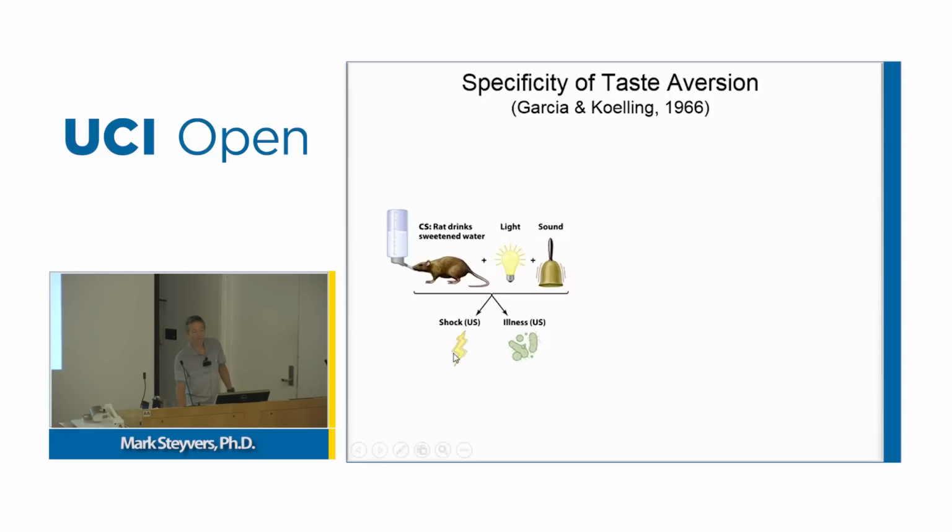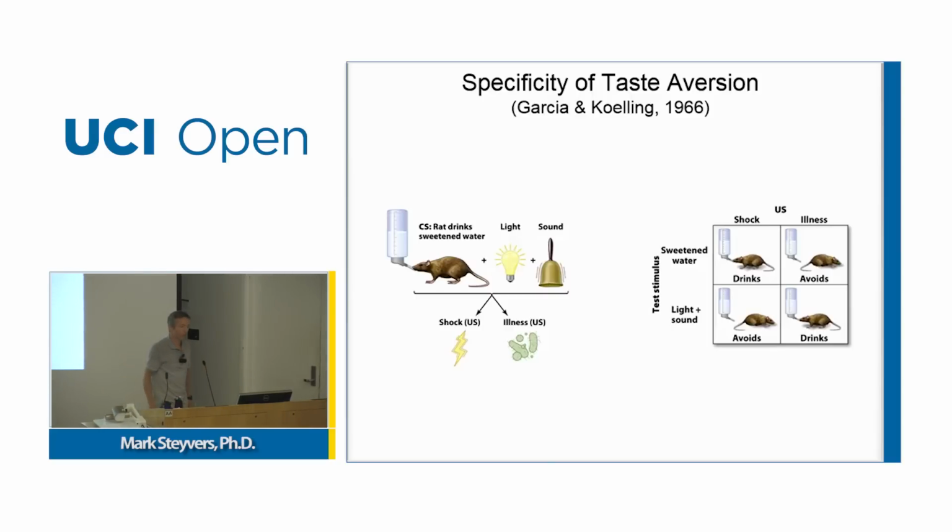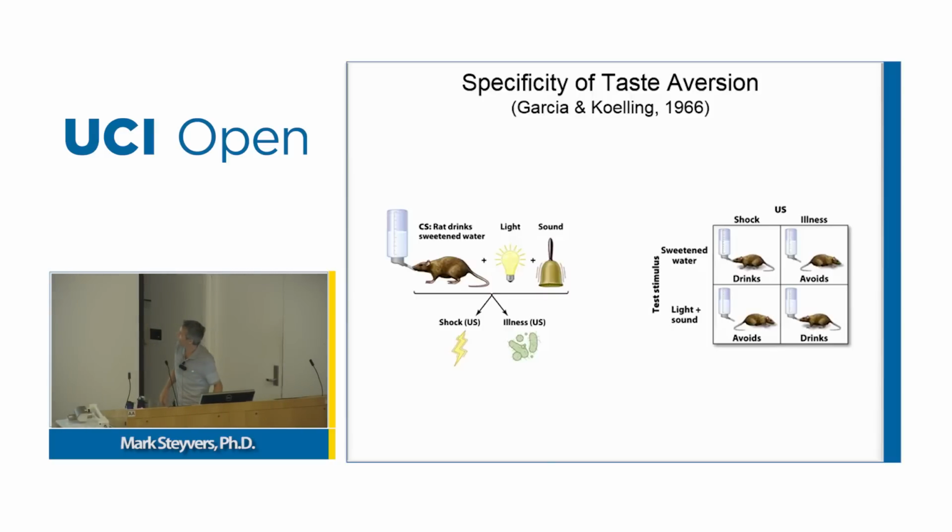So if we believe the standard laws of classical conditioning, then all these three stimuli could be associated with the shock or the illness. But that's not what rats learn. And how do you know this? Because we put these rats in new situations, and then we see what their behavior is like. So if the rat was made ill, and you give them sweetened water, they will avoid the situation.